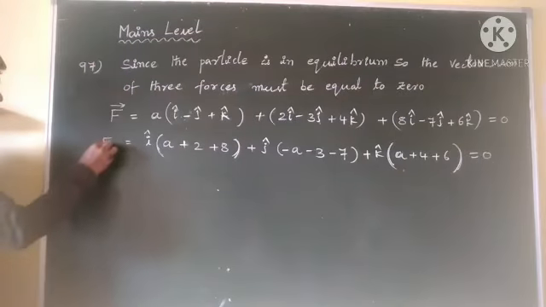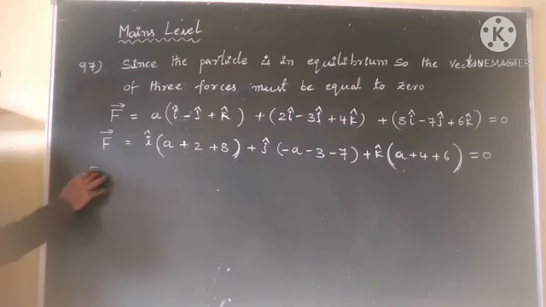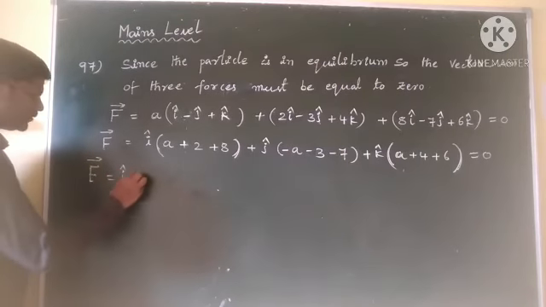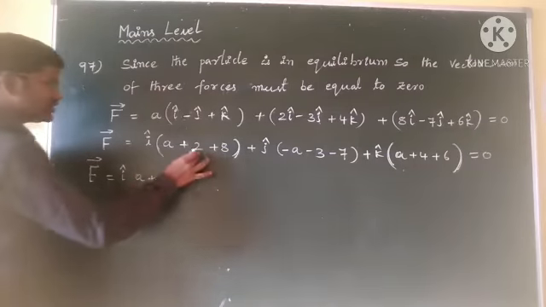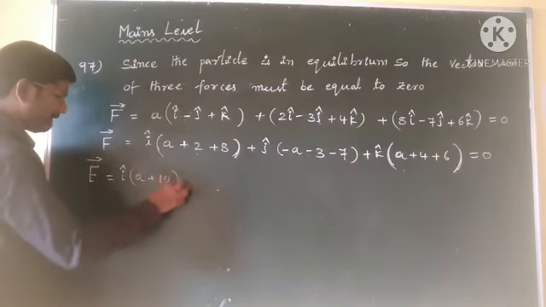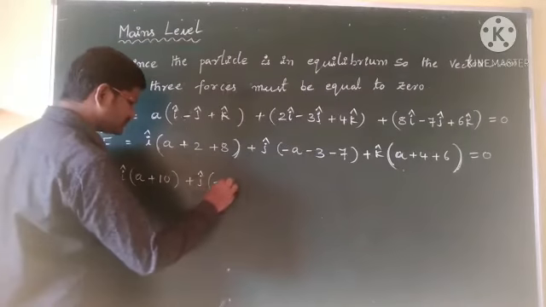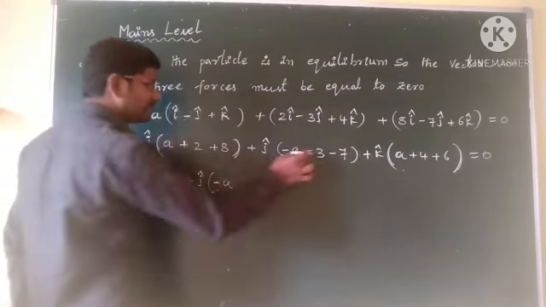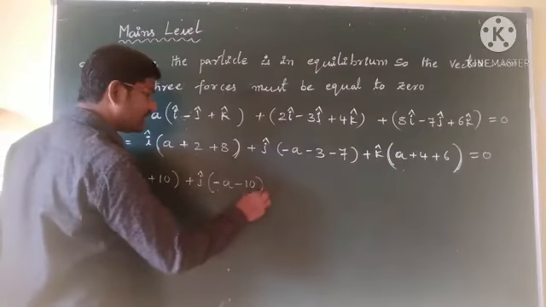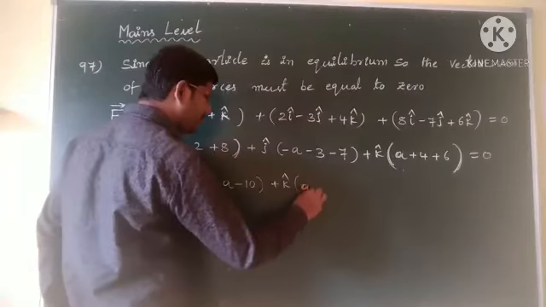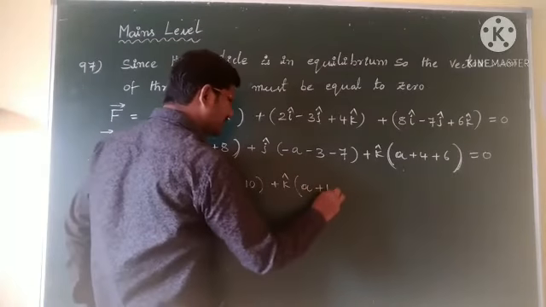This is the force F bar. F bar is equal to, what do you write? i cap into A plus 2 plus 8, that is A plus 10, plus j cap into minus A minus 3 minus 7, that is minus A minus 10, plus k cap into A plus 4 plus 6, that is A plus 10.